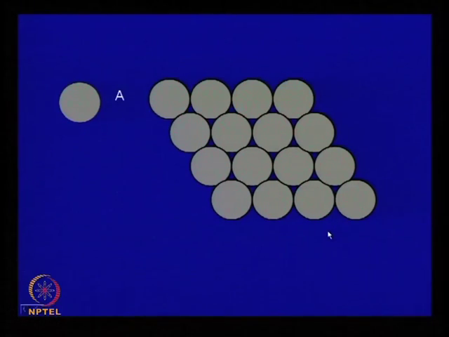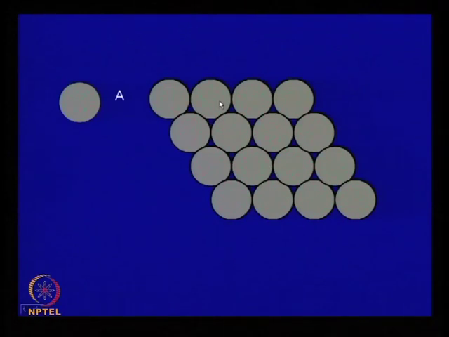Now, let us look at the way the atoms are arranged, and depending on that arrangement of atoms, whether there are any other types of dislocation that we can think of. So far, the dislocation that we have considered is something like this. This is a close packed plane of a face centered cubic crystal.